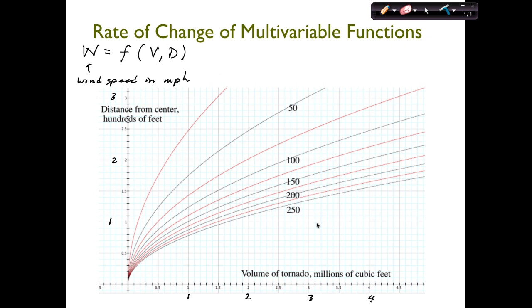Okay, I want you to estimate f of 4, 2.5. And see if you can do this based on what we just did with the table. Now it's a graph version of the same thing. So f sub v of 4, 2.5, and f sub d of 4, 2.5.